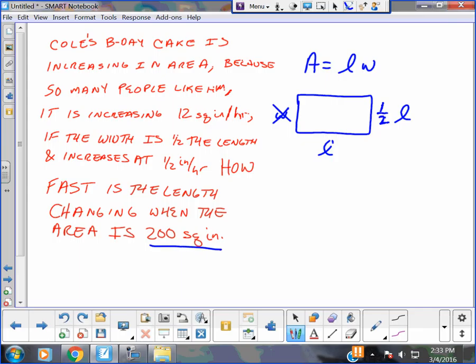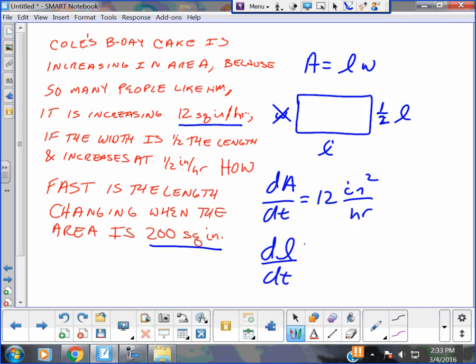Okay, so I give dA dt right up here, right? It's increasing at 12 square inches per hour. Cake's getting bigger. And I asked for dL dt when the area was 200. That's our unknown.